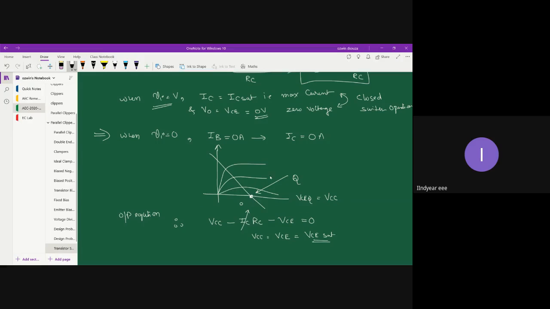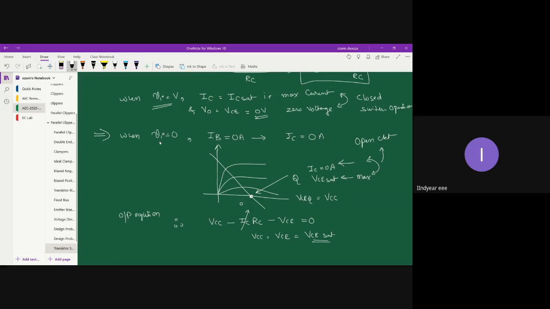At this particular point, your current is 0 amperes, but your voltage is VCE saturation. So current is 0, voltage is maximum. This particular circuit phenomenon refers to open circuit. In case of open circuit, current will be 0 and voltage will be maximum.